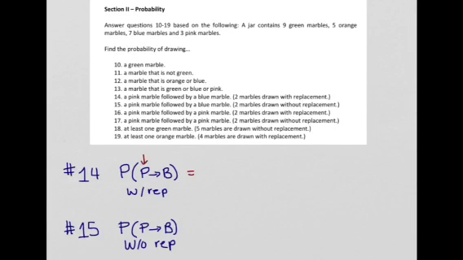First, I want the probability of getting pink, and that is 3 out of 24. And then I'm going to multiply this by the probability of getting blue on the second draw. So I took out a marble, said that it was pink or whatever it is, threw it back in. Now, what's the probability of it being blue on the second draw? It's still the same setup that we started with, so this is 7 out of 24.